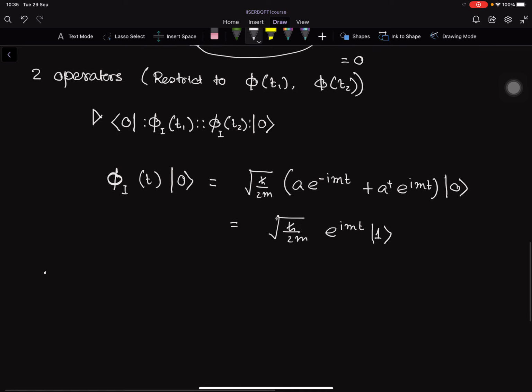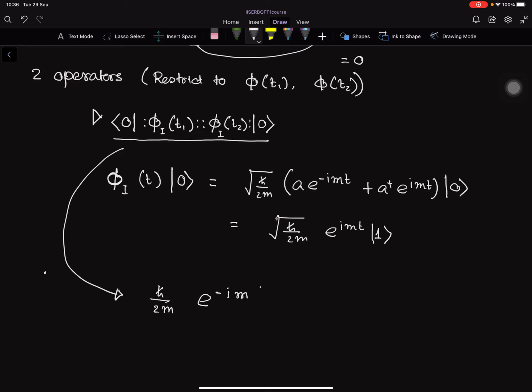Which means that this correlator simply becomes h bar over 2m, with the square so that factor goes away, times e^{-im(t1 - t2)}.